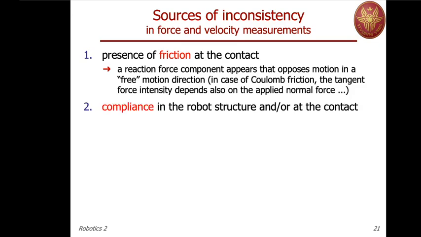The second effect is the presence of compliance. We assumed that everything is rigid. Then we have seen that we can adapt the hybrid force-motion control scheme to the presence of some compliance in the contact, essentially at least the one related to the stiffness of the sensor, which is finite, and then we can design a force control loop using the impedance paradigm in that direction.